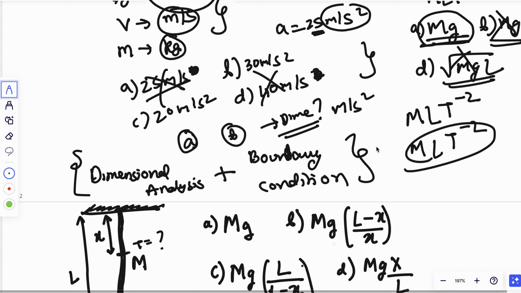So these two are the roots: dimensional analysis and boundary conditions. Wherever in physics you come across variable-based options, first do dimensional analysis, then check them at some boundary cases, and you will most likely be able to solve the question.